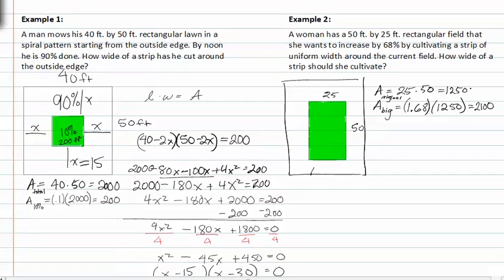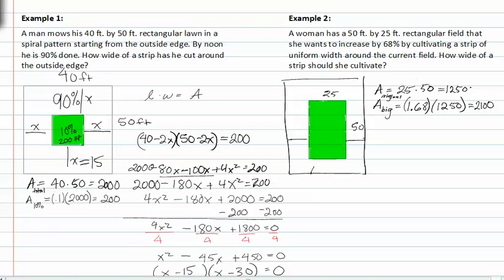From here, all we need to do is define the new total area of the rectangular field. Length times width equals the new total area.